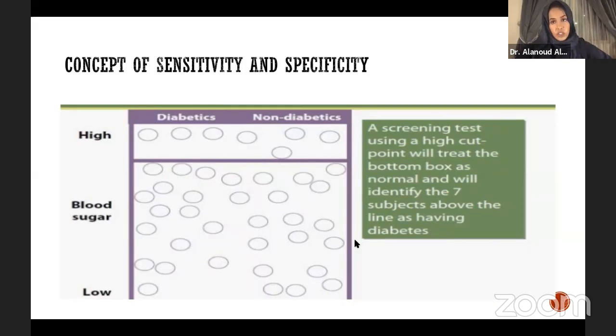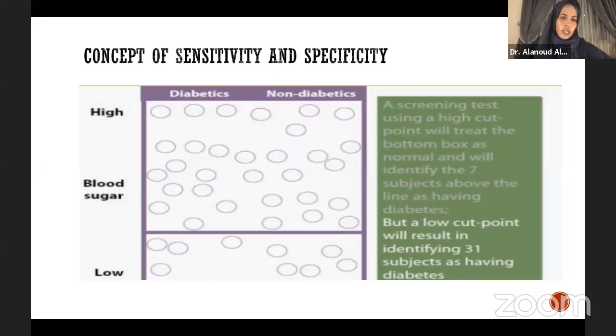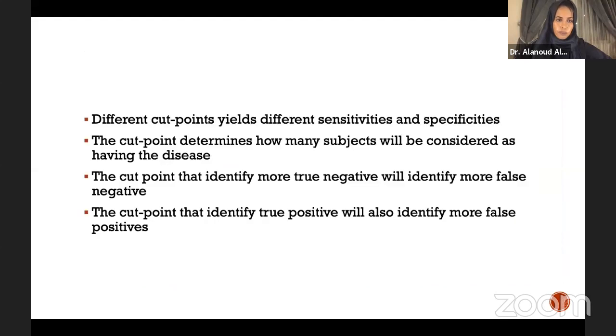So a screening test using a high cut point will treat the bottom box as normal and will identify, as I mentioned, above the line as having diabetes, and exactly the opposite applies when the cut point is low. So the question here is that different cut points yield different sensitivity and specificity, and I clearly showed you that.